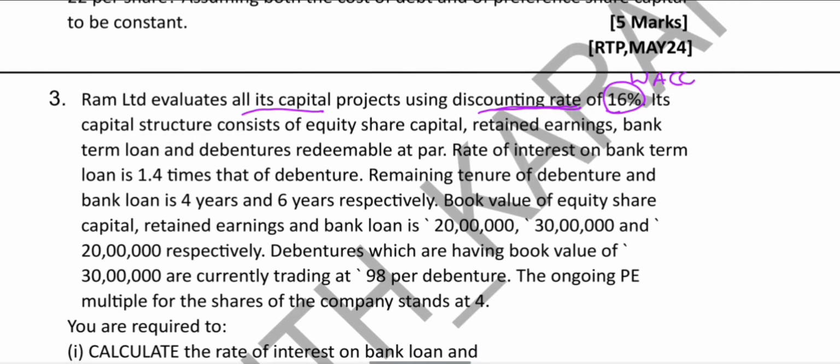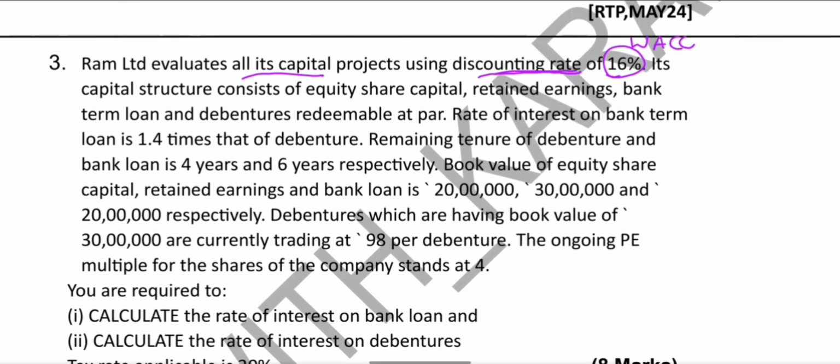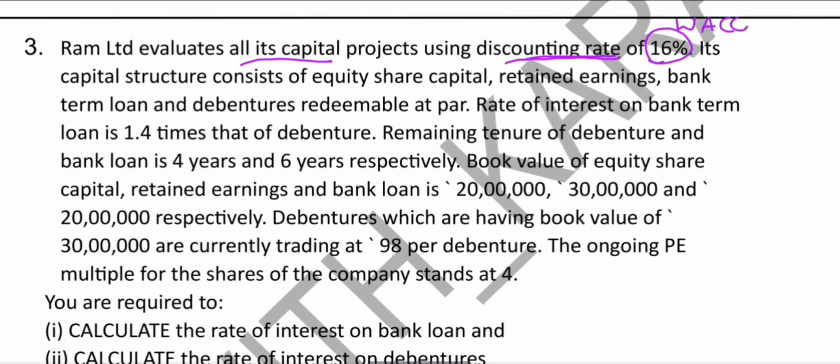Okay, and then they have mentioned that its capital structure consists of equity share capital, retained earnings, bank term loan, and debentures redeemable at par. The rate of interest on the bank term loan is 1.4 times that of debentures, and the remaining tenure of debentures and bank loan is 4 years and 6 years respectively.